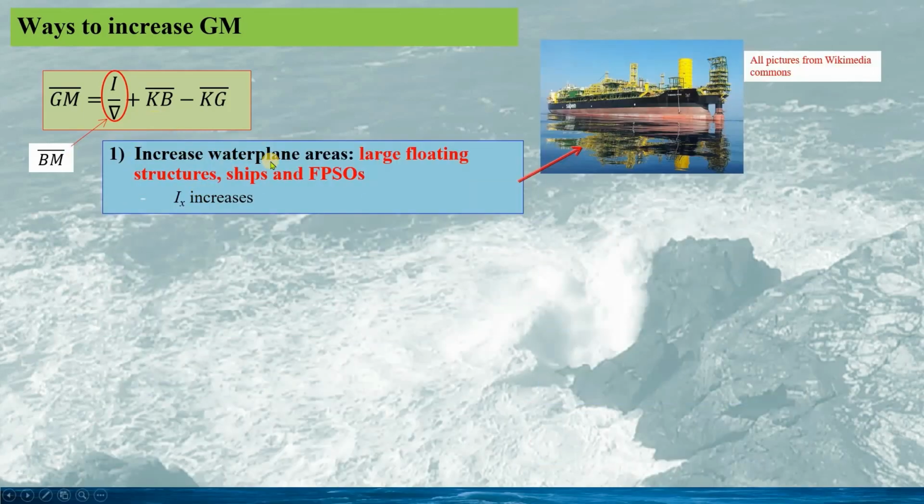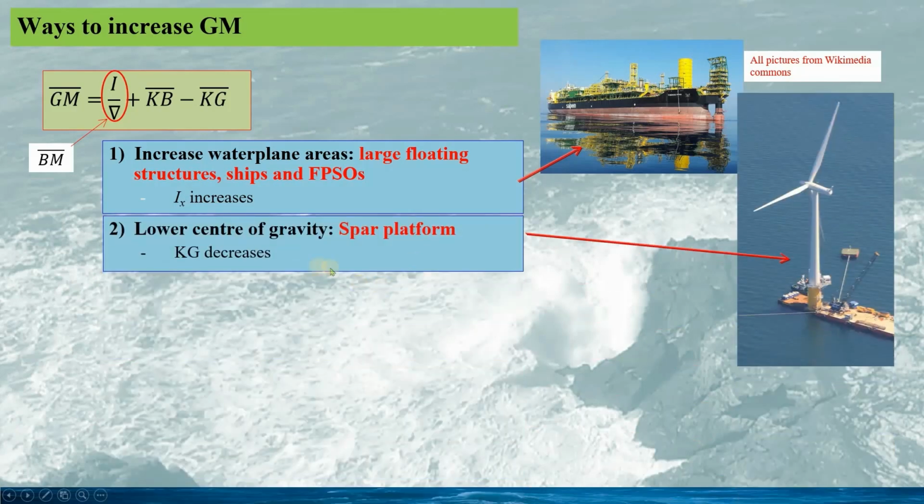We can increase the water plane area, so we could have large second moment of the water plane area. This can be seen for the large floating structure, ships, and the FPSOs, like this floating ship.